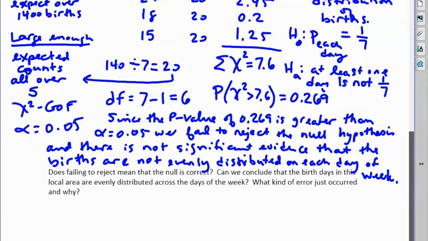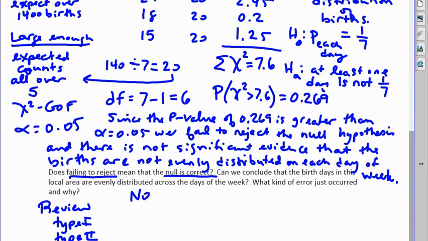But just to review, type 1 and type 2 error and what they mean. In this situation, because I have failed to reject the null, does that mean that the null is correct?